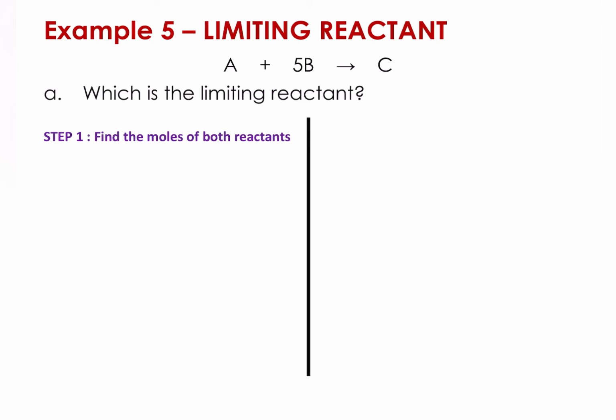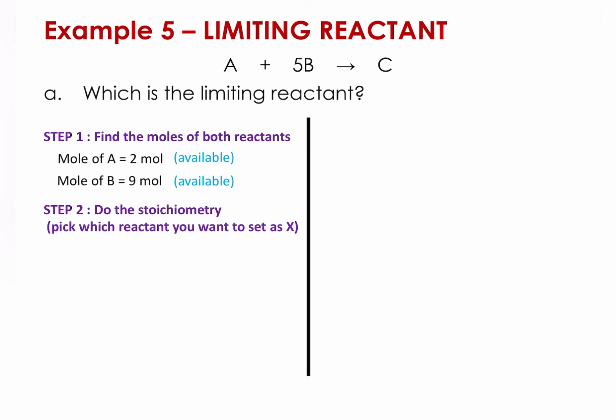Kalau tidak, you have to find out. So maknanya kena gunakan formula mole yang awak tahu. So I got mole for A is 2 mole and mole for B is 9 mole. Dan kedua-duanya ini kita panggil sebagai mole available. Apa yang ada.